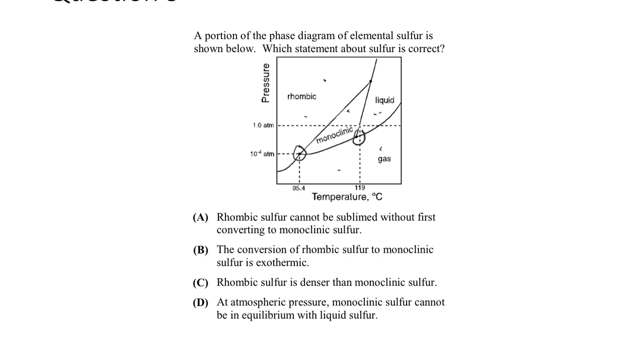Let's see, rhombic sulfur cannot be sublimed without first converting to monocyclic sulfur. What this statement is saying is that sublimation would occur in this region here because it's the direct transformation of solid to gas.